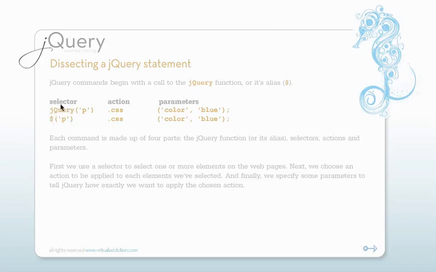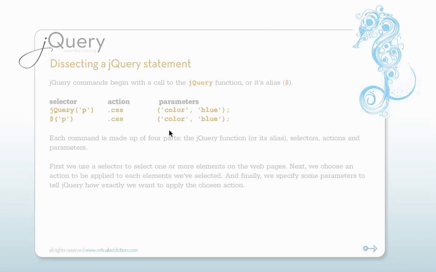So remember, the function is going to either be jQuery or the alias. Then you're going to have the selector, which is the P in this case. Then we're going to have the action, which in this case is CSS, and then we're going to have the parameters.